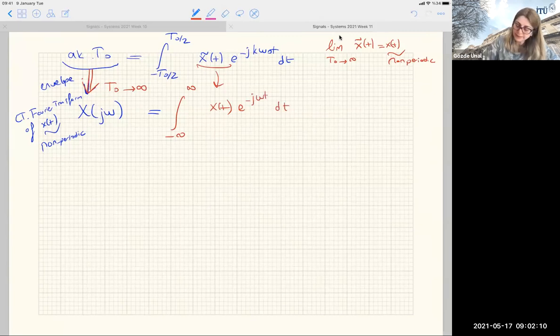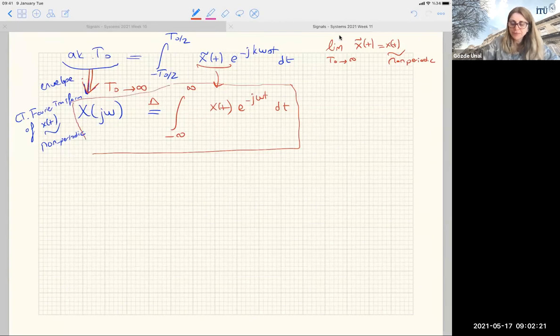So this is really the definition of, I mean, this is not the most rigorous mathematical derivation, but this was what our textbook showed as an intuitive derivation, going from a periodic discrete frequency spectrum.